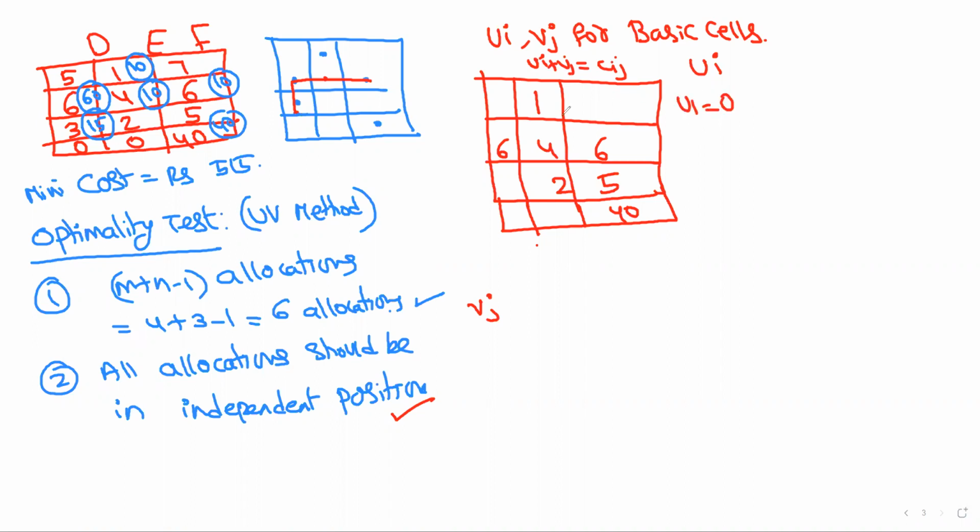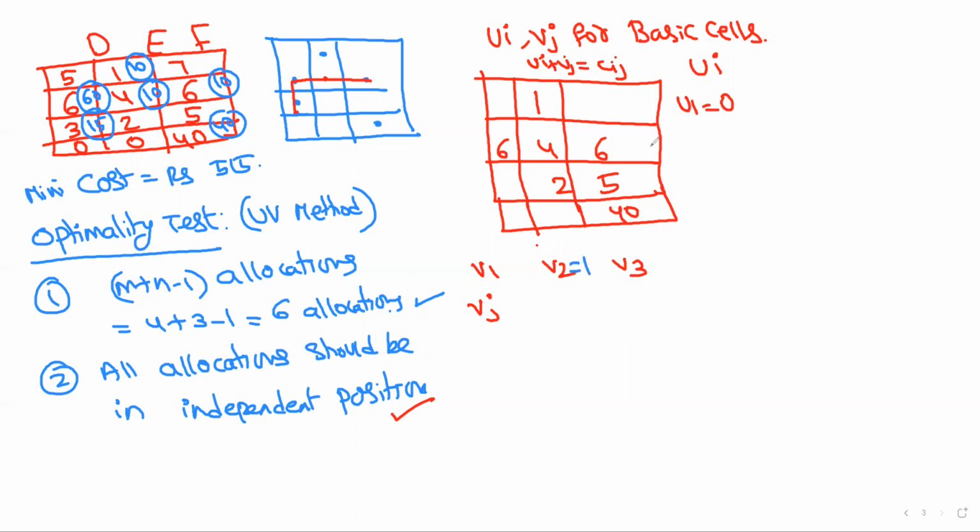If u1 is equal to 0, then v1, v2, v3 correspond to the first row and second column. For first row and second column, if I add it, I have to get 1. So already first row 0 is there, so obviously the second column becomes 1, because 0 plus 1 is 1.